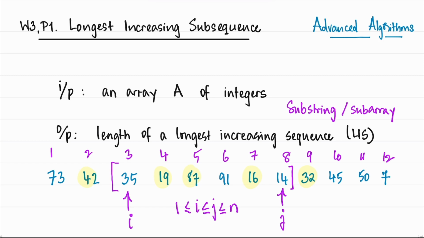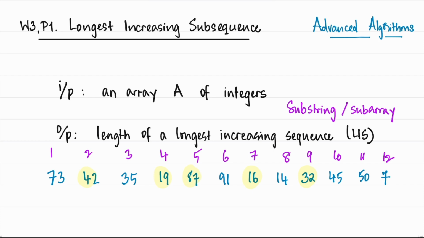So that's a subarray. So the number of subarrays that you have is essentially determined by the number of ways in which you can pick these indices. So you essentially have roughly n squared subarrays, and I'll leave it as a fun exercise for you to think about how many subsequences there can be.